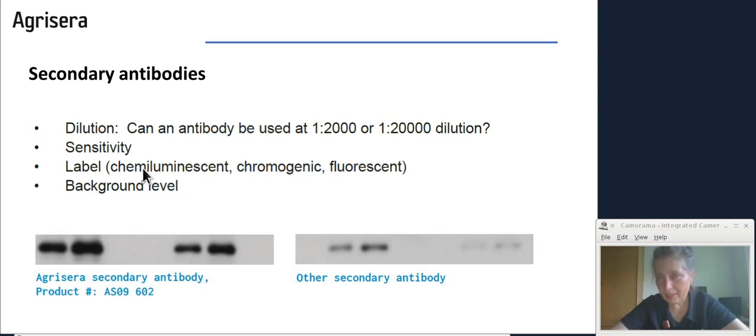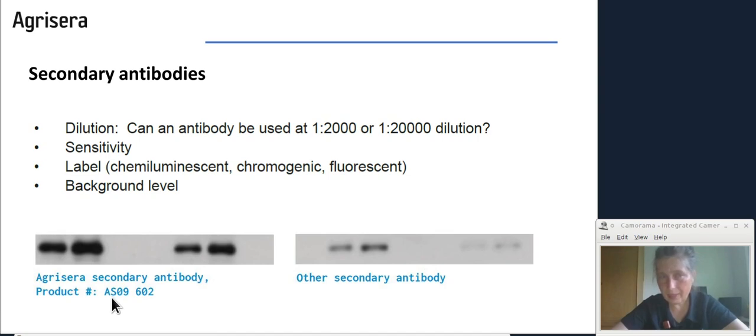We can use secondary antibodies for different detection techniques, which can be chemiluminescent, chromogenic, or fluorescent. In our hands, the chemiluminescent detection method for Western blot appears to be the most sensitive. There will also be differences between secondary antibodies in their background level.